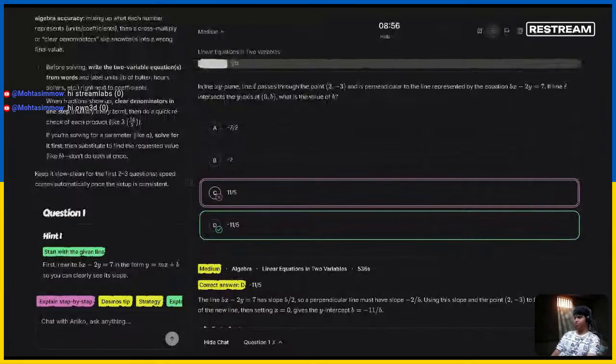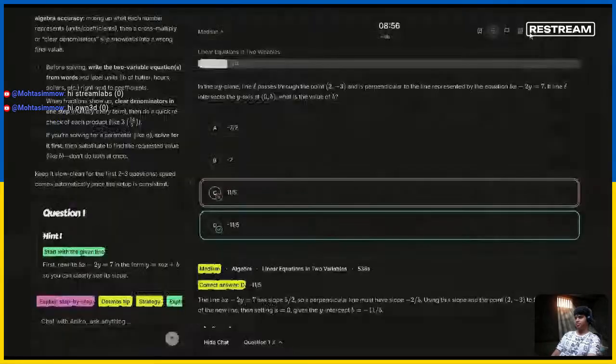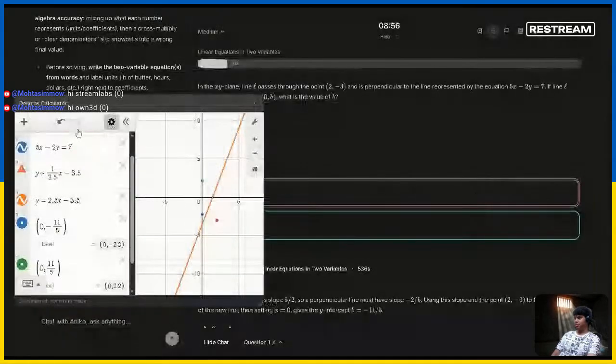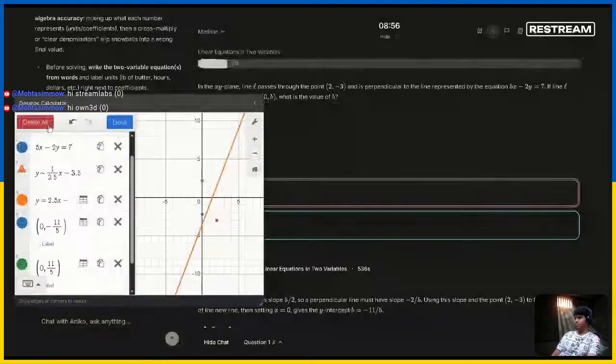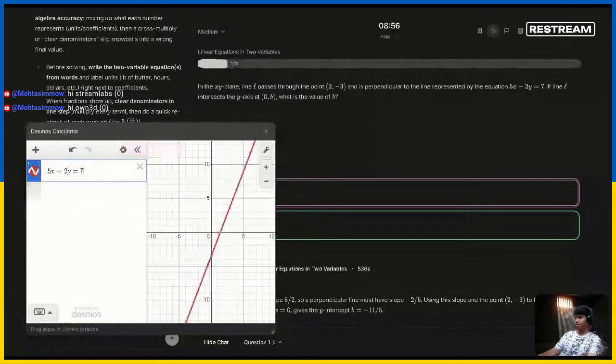What I did, oh wait, wrong button. The easiest way to do this is just type it. Oh, obviously. Let me do a table.